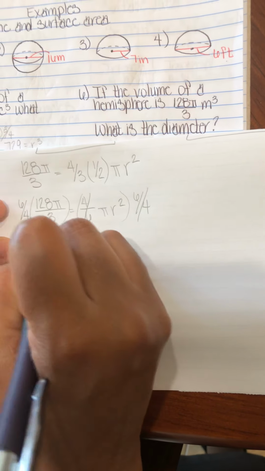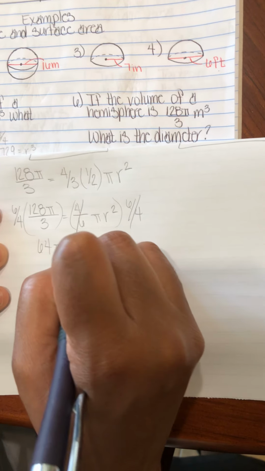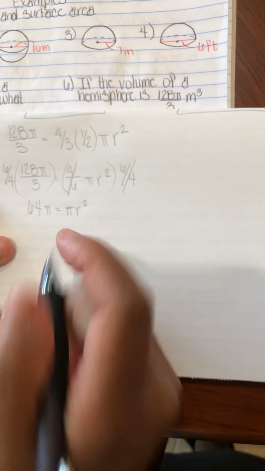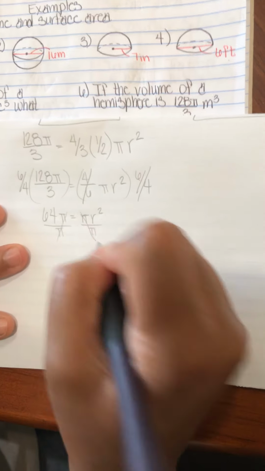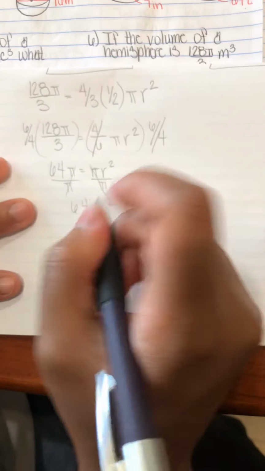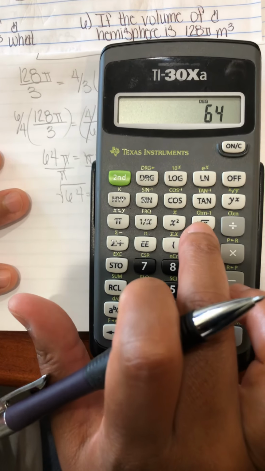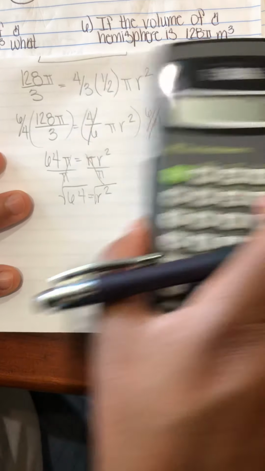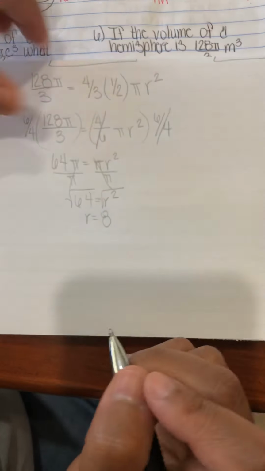So I know this is 64 pi equals pi r squared. You want to get rid of the pi, so those cancel. So 64 equals r squared. The opposite of squared is square root. The square root of 64. You're going to hit 64 and then the square root button, and that gives us 8. So r is equal to 8.